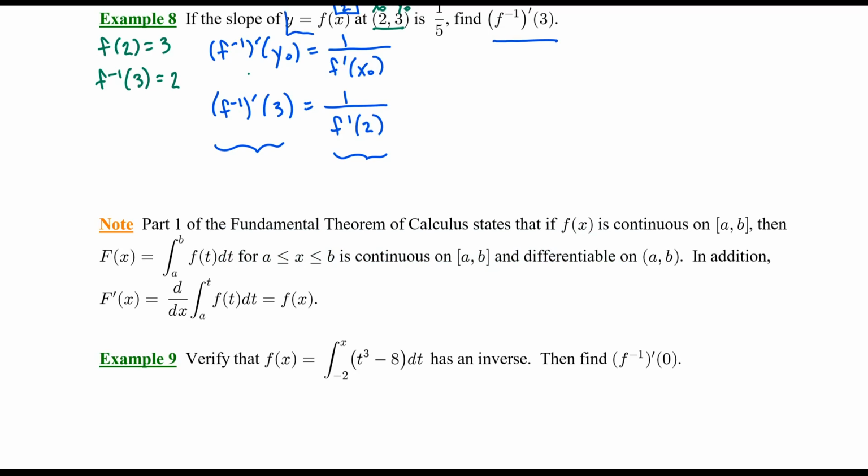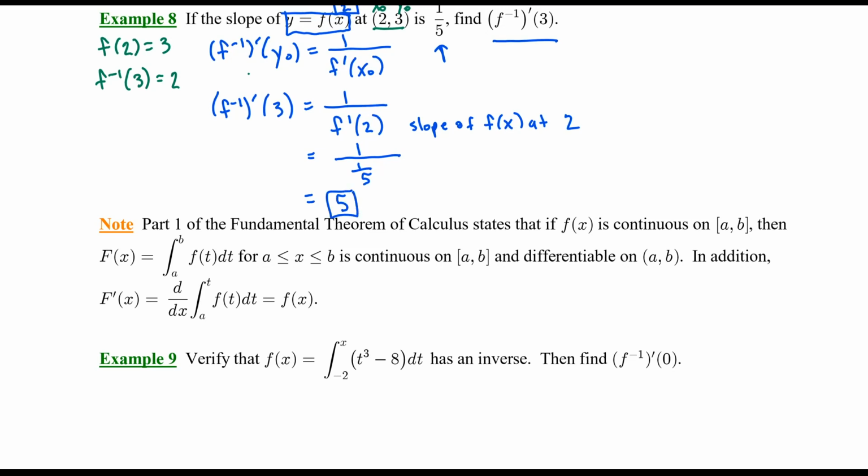We don't have the rule for f, we simply have the slope of f. So remember, f prime of 2, this is code for the slope of f of x at 2, which we know is 1/5. So we can replace f prime of 2 with 1/5. 1 divided by 1/5 is 5.